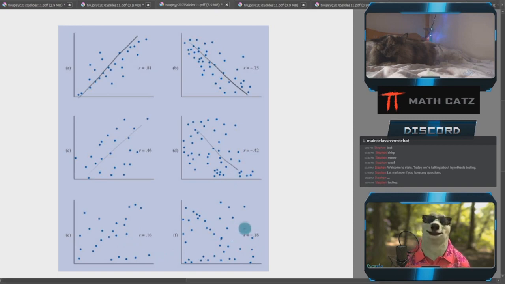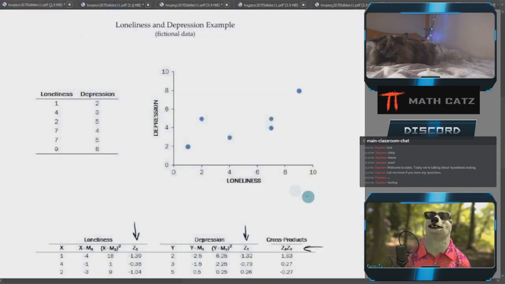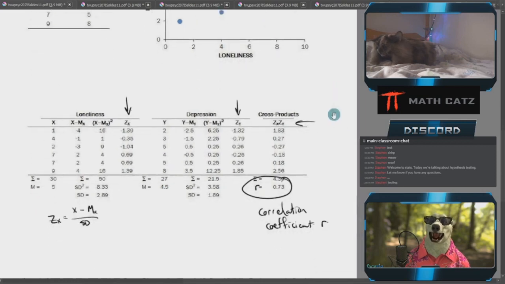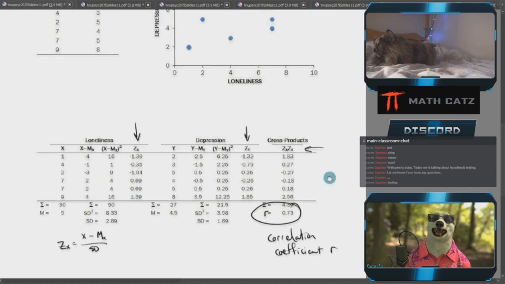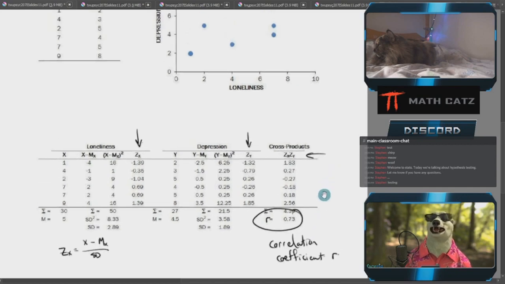So regardless, the correlation coefficient is a measure of how strongly, if at all, these two variables are related to each other. So in this case, I get a correlation coefficient positive of 0.73. So we say there's a positive correlation between these two, and it is fairly strong.